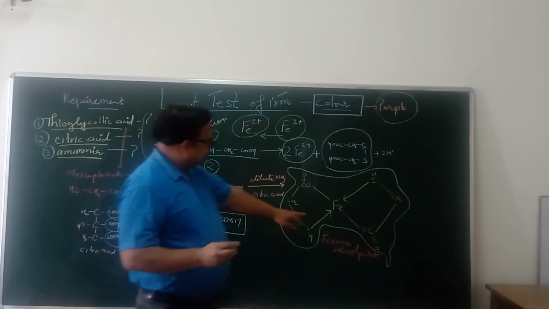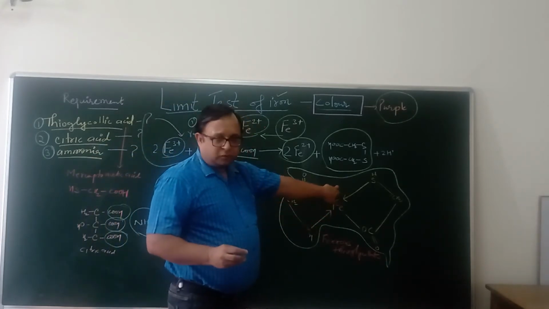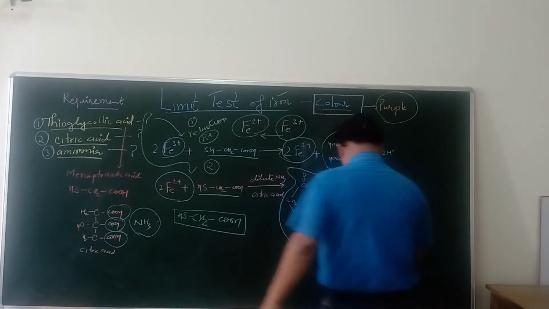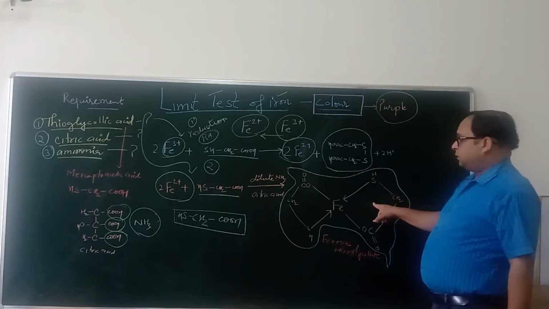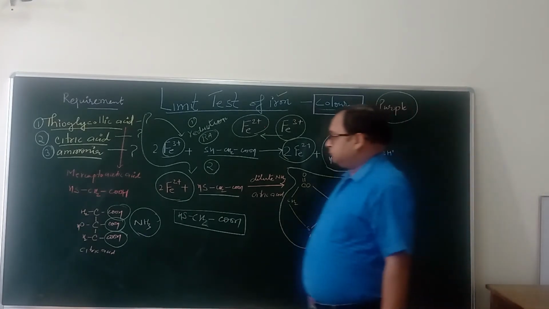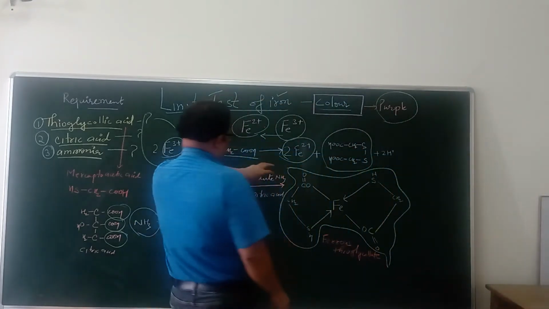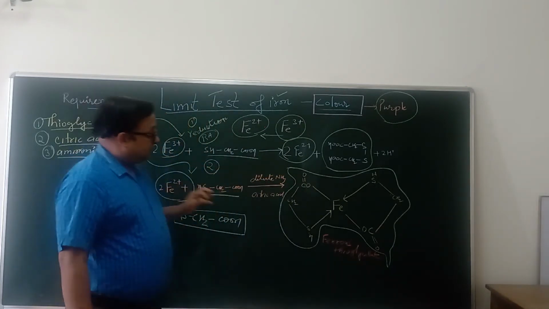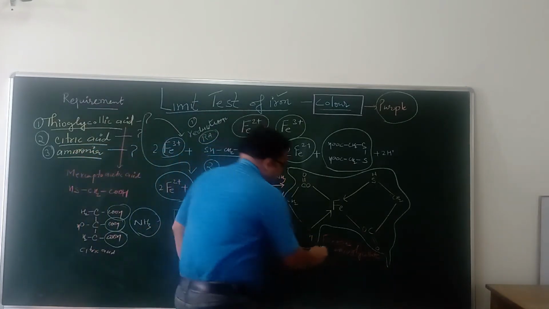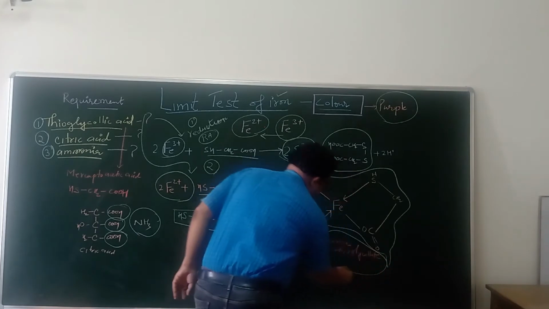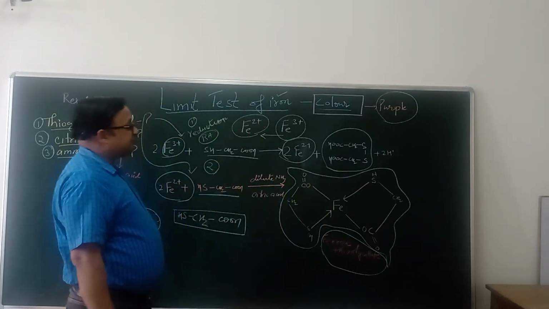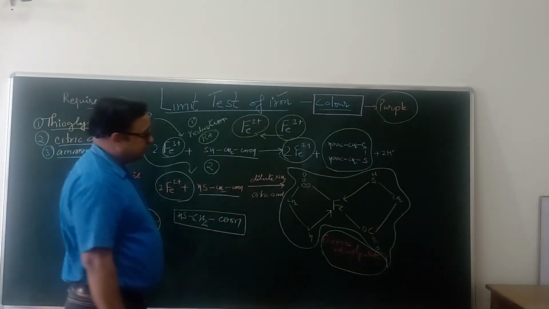Here you can see the coordinate bonds. So it is making the complex. Now there is a very good point here. The name of this complex is ferrous thioglycolate. This complex is known as ferrous thioglycolate.